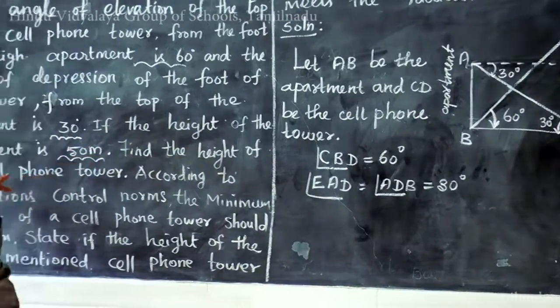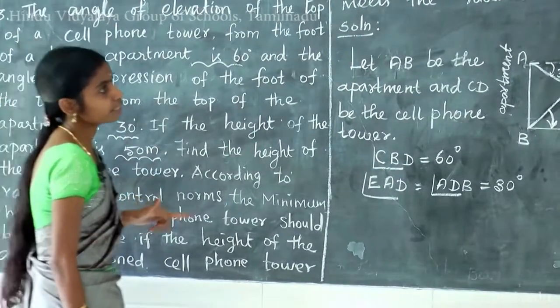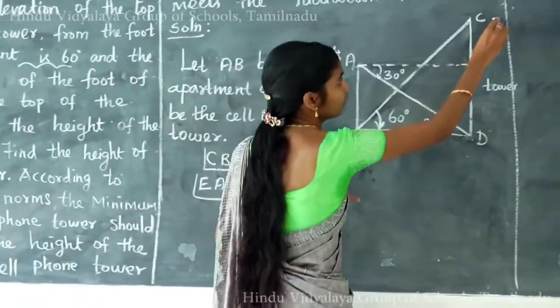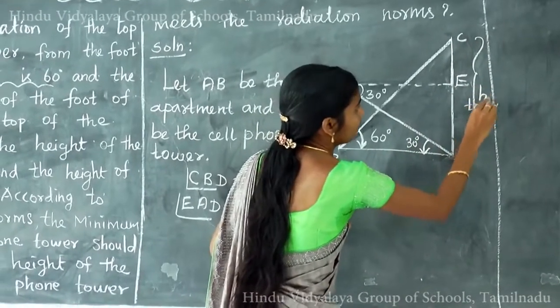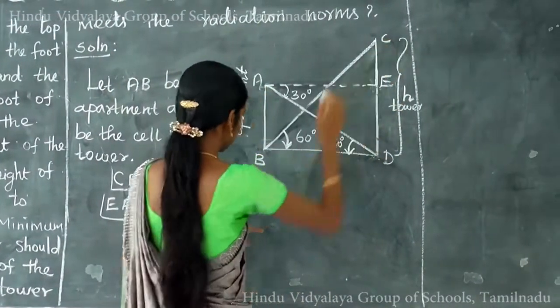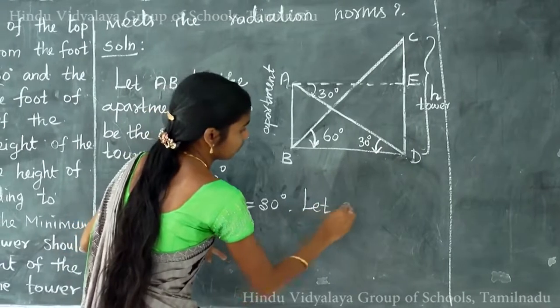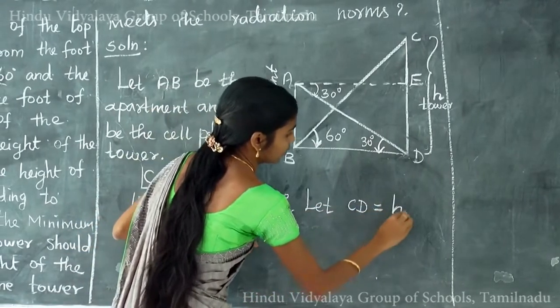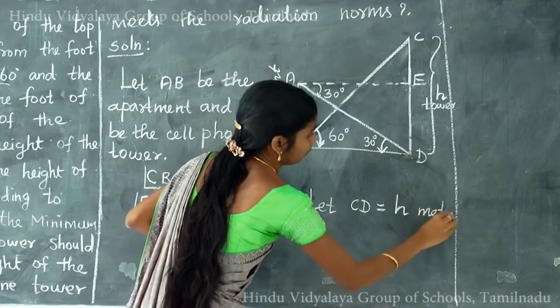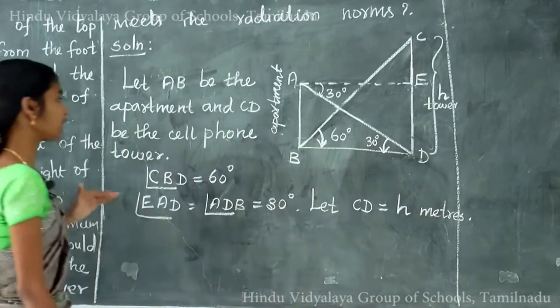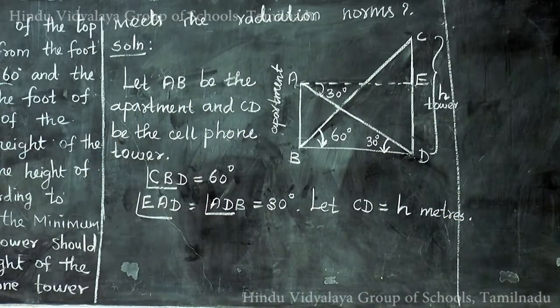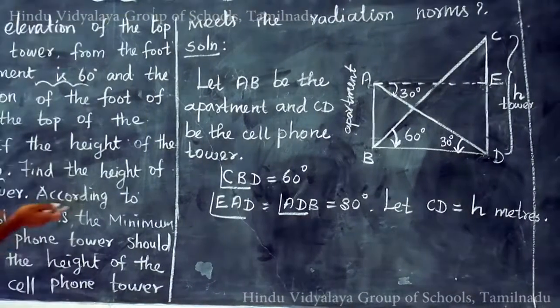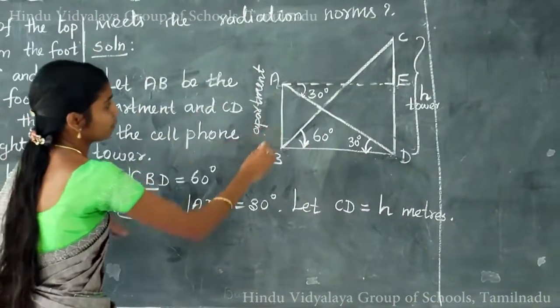Now what is the question? Find the height of the cell phone tower. So we take the entire height of the cell phone tower as h, that is CD is equal to h meters. Also given, the height of the apartment is 50 meter, that is AB is equal to 50 meter.